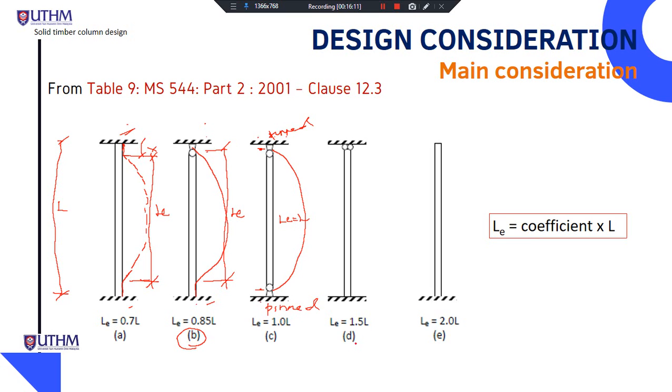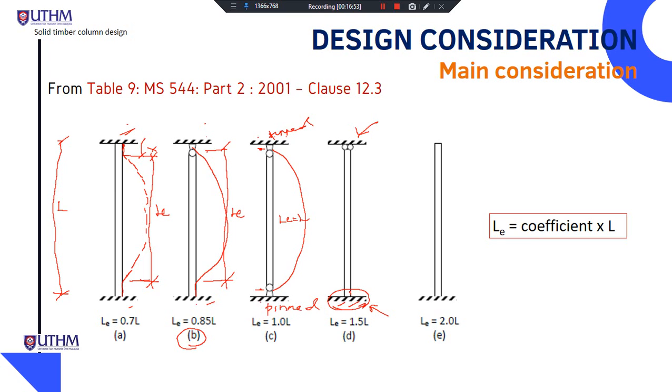So this is for restraint at both ends in position but not in direction. Next is the case for restraint at one end in position and direction, meaning this is the fixed support. And at the other end, it is fixed in direction but not in position. So this is the buckling shape for case 4, where we need to multiply the actual length L with 1.5 to get the L effective.